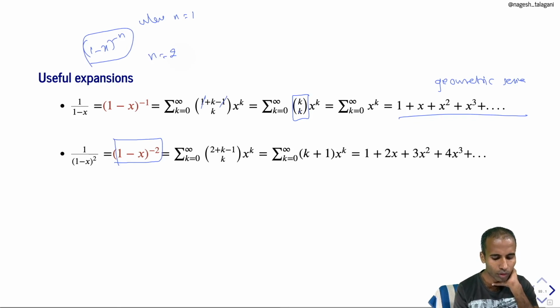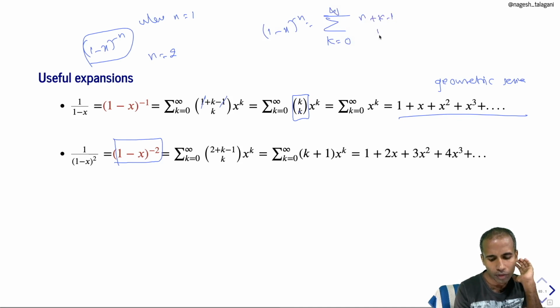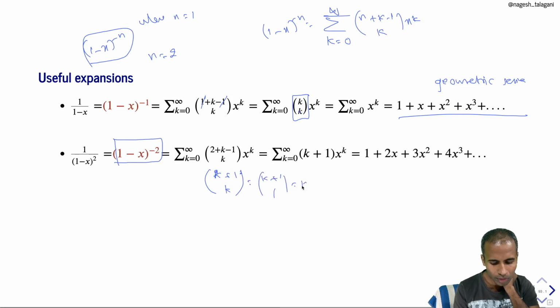Summation k equal to 0 to infinity, because the expansion of (1 minus x) to the power of minus n is summation k equal to 0 to infinity, n plus k minus 1 choose k, x to the power of k. Now n we have to use 2, so this is going to be 2 plus k minus 1 choose k, which means k plus 1 choose k. But k plus 1 choose k is the same as k plus 1 choose 1, which is going to be k plus 1.